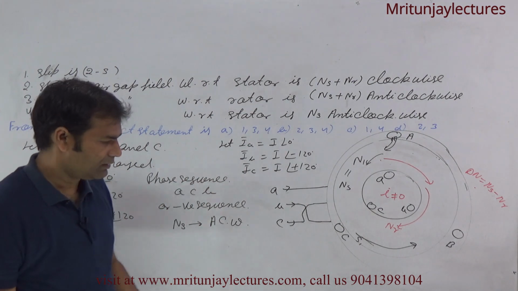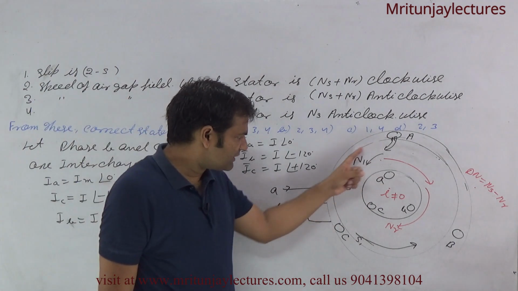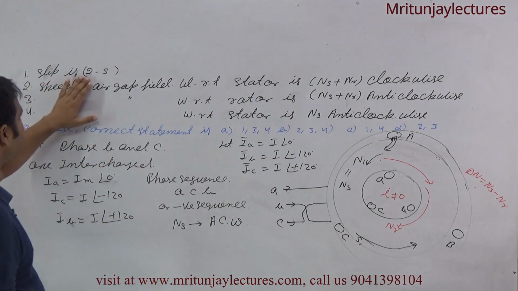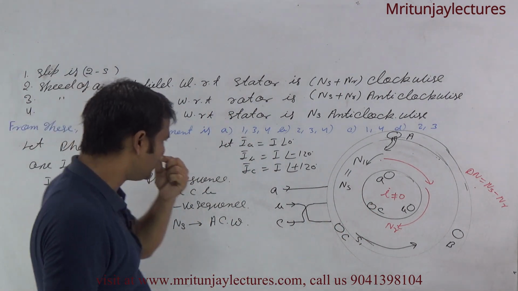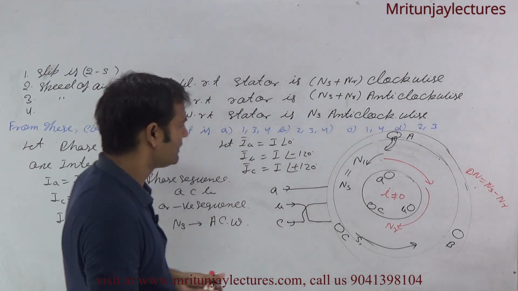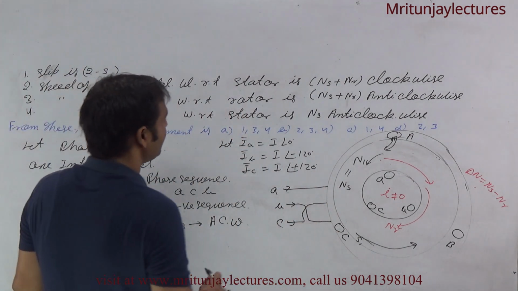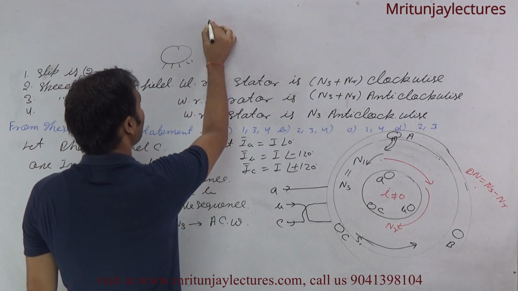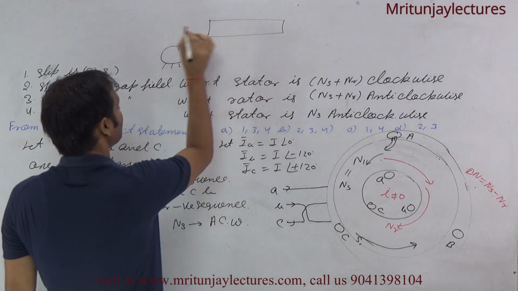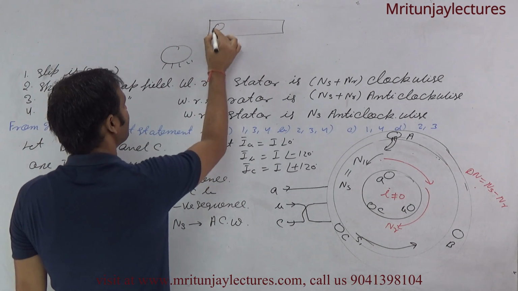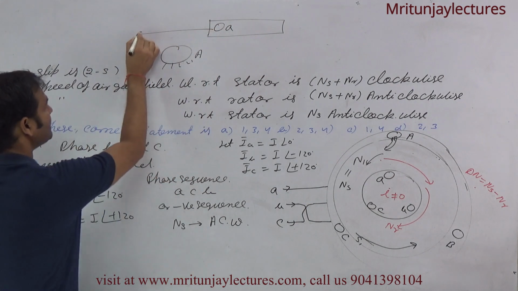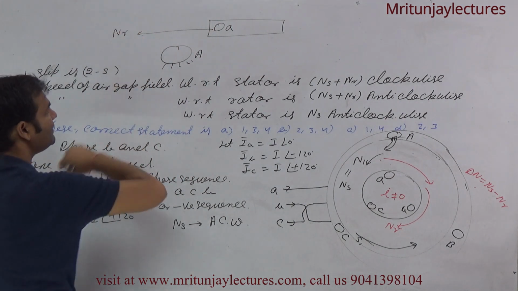Okay, now the stator field is like this, and corresponding to the question, slip is asked. What about slip? Now with the help of a linear diagram, this is the stator winding and this one is the rotor, with rotor winding A and capital A. The rotor is moving in the opposite direction of the stator field.